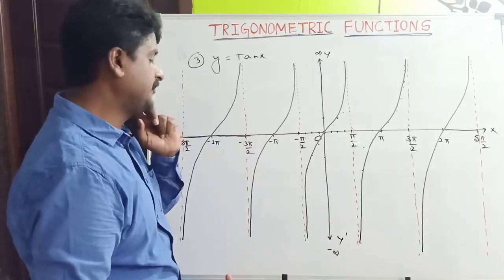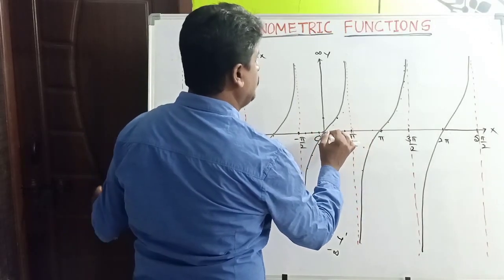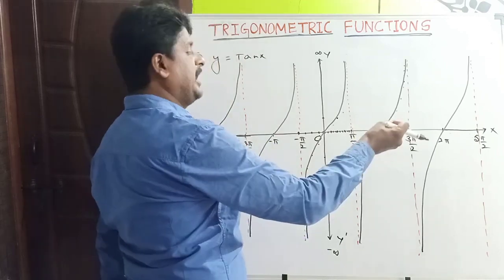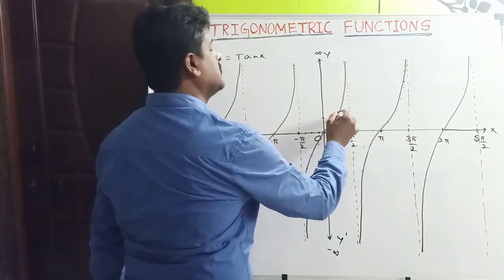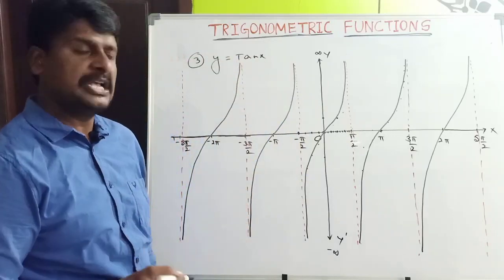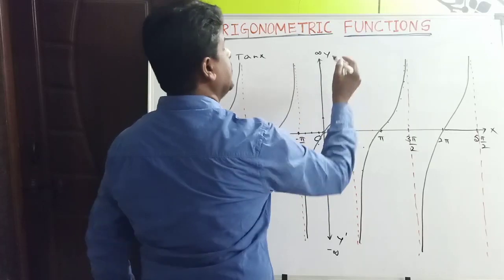And also observe that whenever x values from 0 to pi by 2 are increasing, the corresponding f of x values, means corresponding y values, are also increasing.